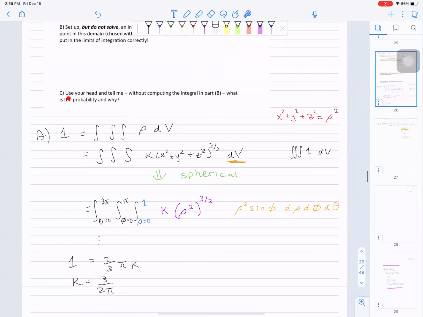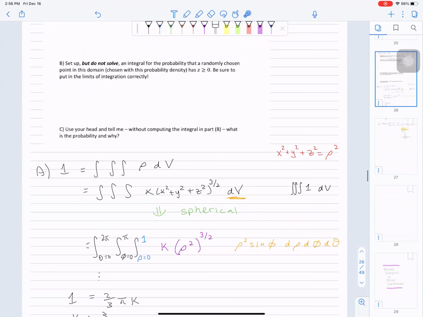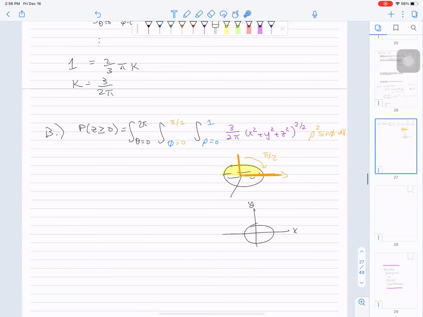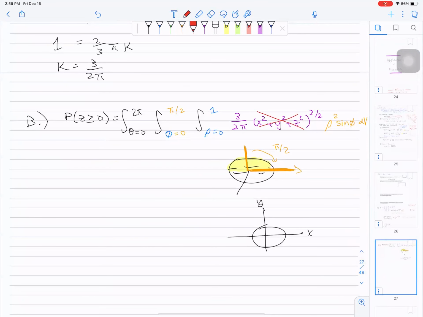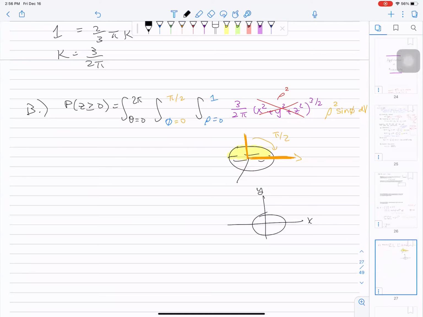Okay, part C. Without computing the integral, what is the probability? Okay. And also the fact that I've written all these in spherical, let me just write it more correctly. This is rho squared, right? So without actually computing it, can we guess what this integral might be?